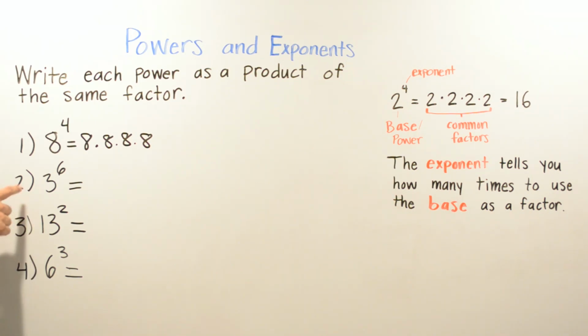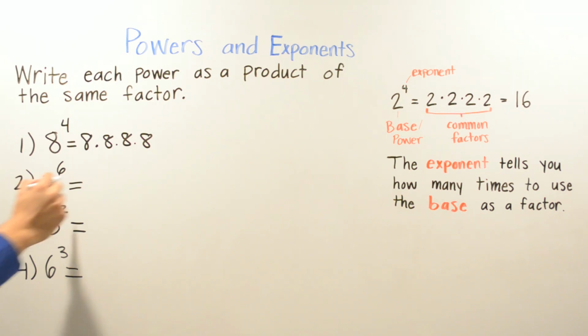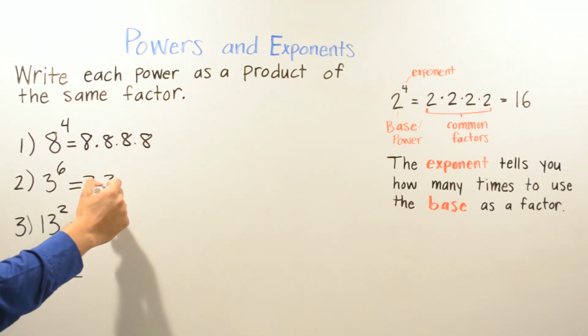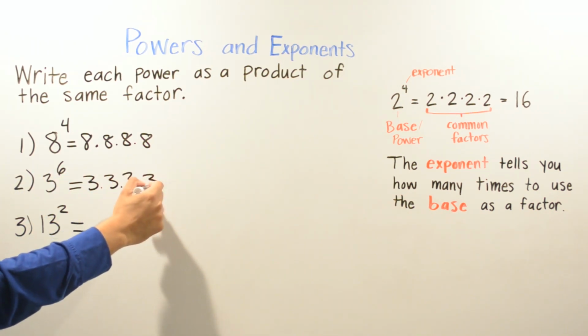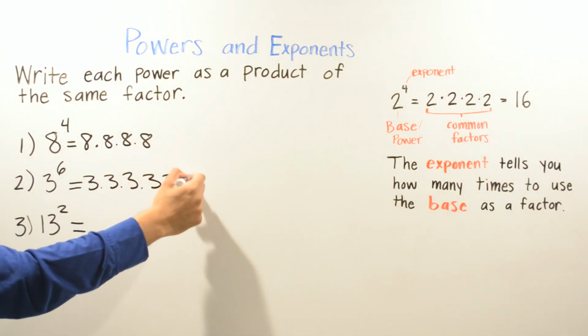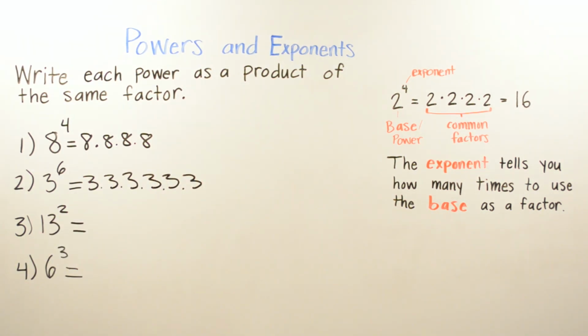Okay. For number 2, we have 3 to the 6th power, meaning we're going to use our base to be 3, and we're going to write 3 6 times. 1, 2, 3, 4, 5, and 6. Okay, you can go ahead now and pause the video if you think it's easy, and try to solve 3 and 4 on your own, and then see if you got the same answer.